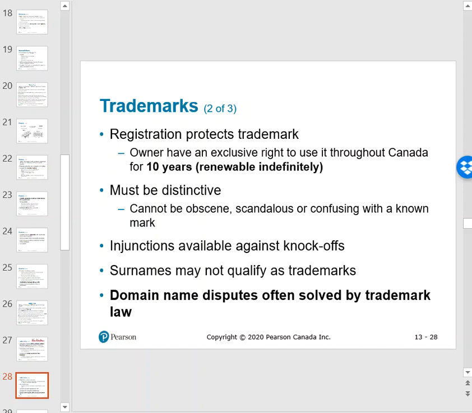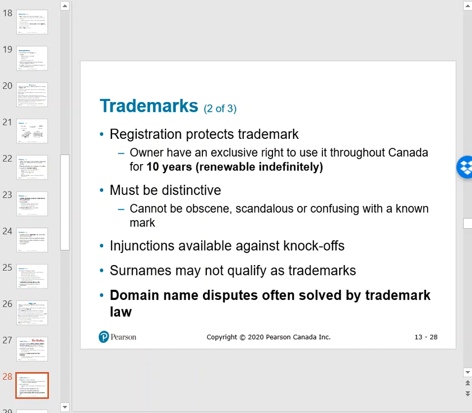And it is possible to renew forever. So even though, let's say, Disney may lose their copyrights under the Disney characters, the name Disney still belongs to them. The logo still belongs to them because they are renewing it indefinitely.